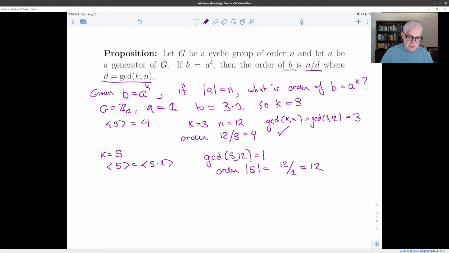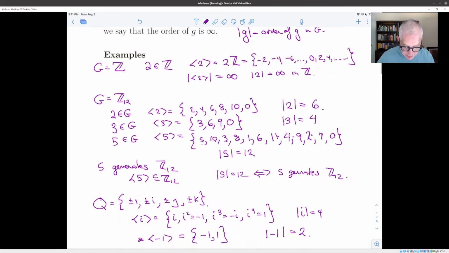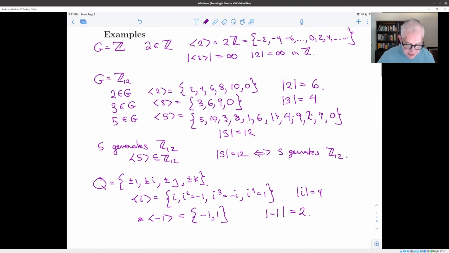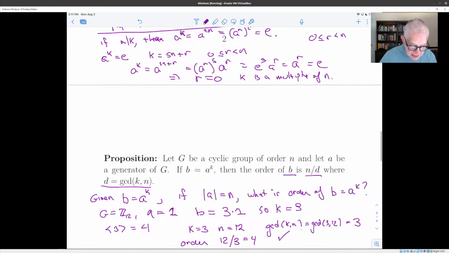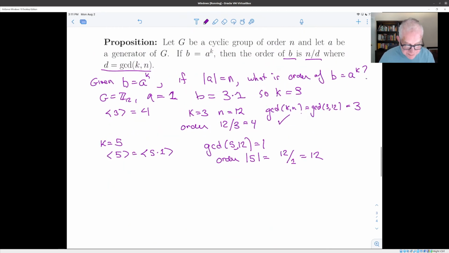And that does also check out in our calculation that we did way back here. We found that the order of 5 was 12. And if you want, you can also check for 2. The GCD of 2 and 12 is 2, and 12 over that GCD is 6, and that's the order of 2. So this seems to be a believable formula.